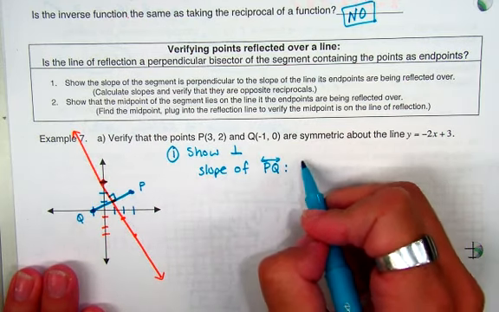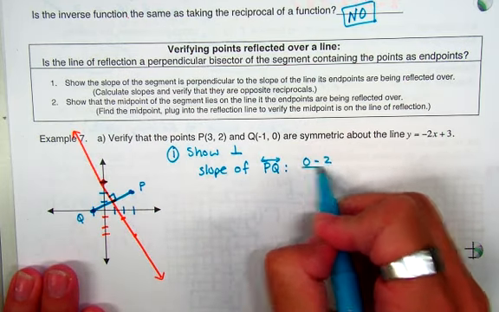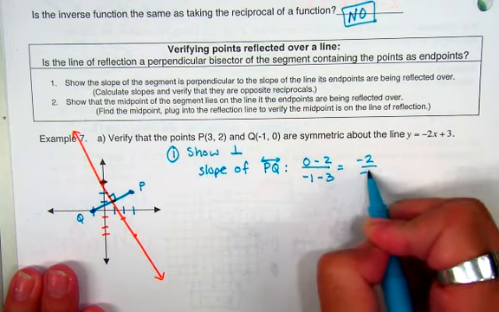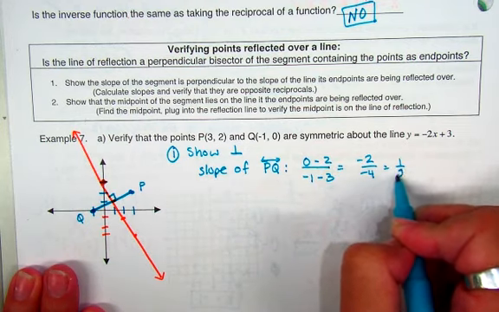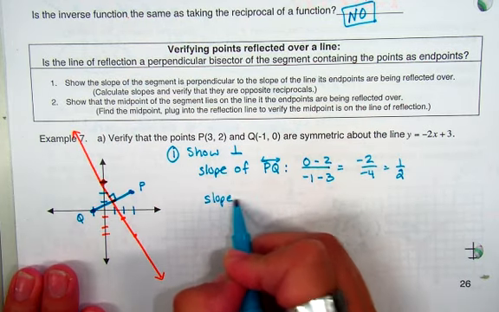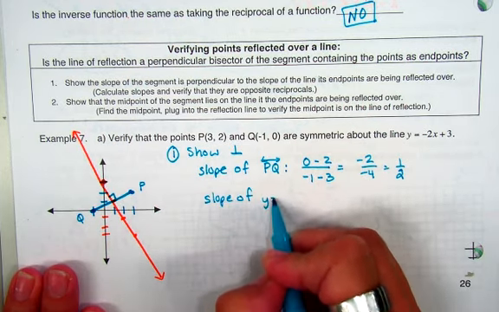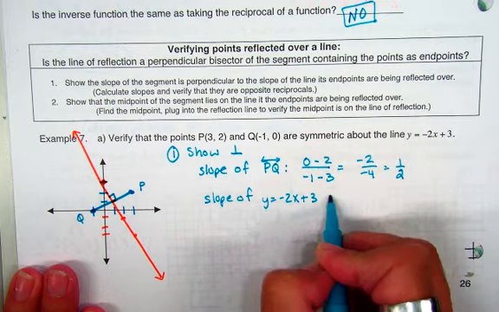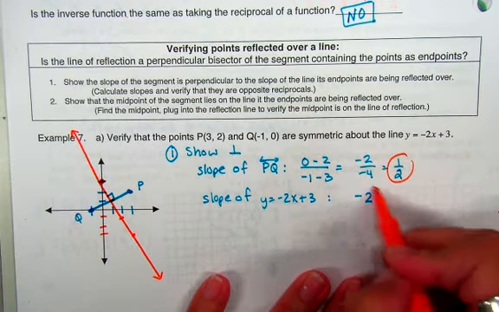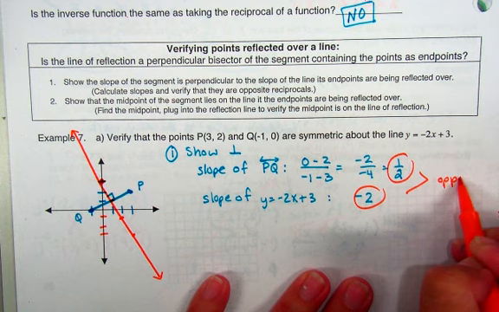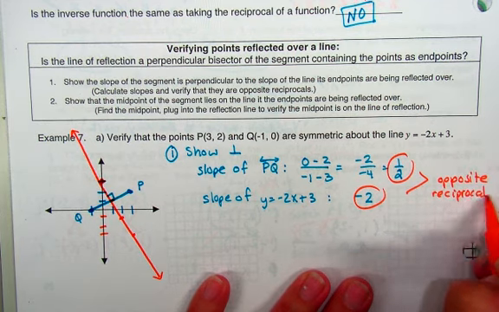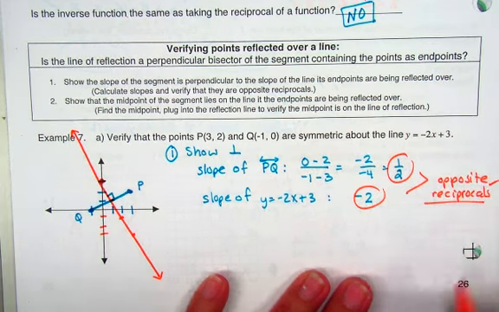I've got my 2 points, so I just do y2 minus y1 over x2 minus x1. And so I get 1/2, right? And we already know that the slope of the other line is just -2. And so since we've shown that these two slopes are opposite reciprocals, we are done with step 1.